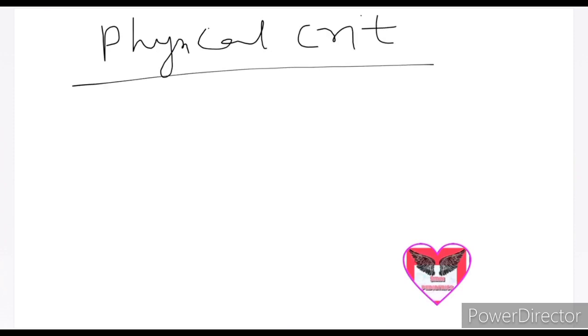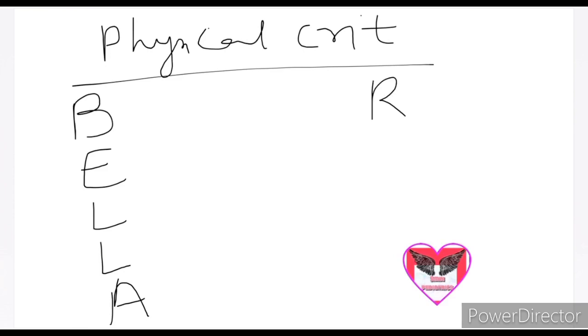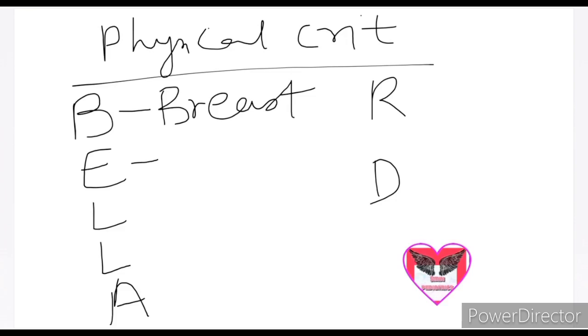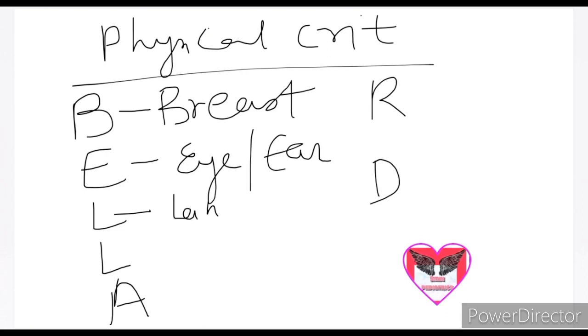Ballard, I have made it Ballard. B for breast. Okay, E for eye and ear. L for lanugo. L for leg.